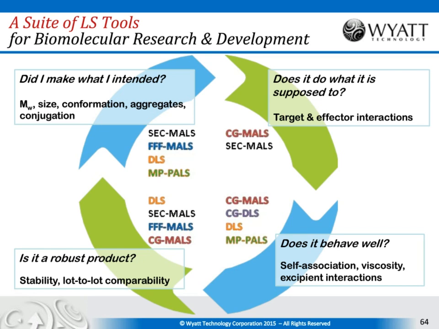Usually, a size exclusion column or even FFF will not give you a clear separation between species that have a couple of percent difference in molecular weight. But if you have a larger degree of polydispersity, you'll see the change in molecular weight across the peak. So you can see changes of a couple of percent, but you may not be able to resolve them in separate peaks.